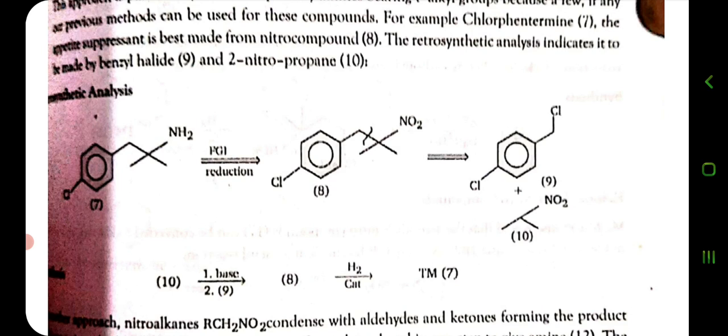These are compound 10, and in the synthesis reaction, from compound 10 we will get the target molecule. In the synthesis, 2-nitropropane reacts with base, and with benzyl halide we will get the target molecule, which is our phentermine.